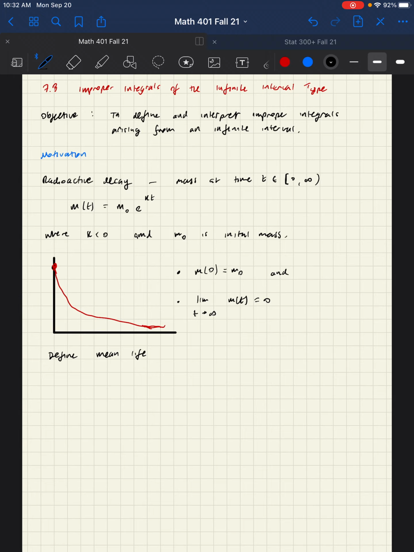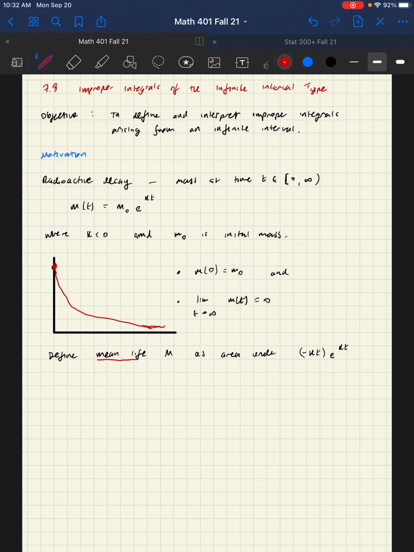But we can define the mean life of an atom in this substance as the area under the curve negative k t e to the kt.